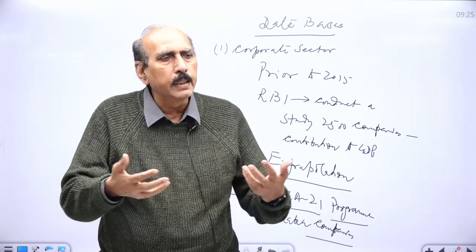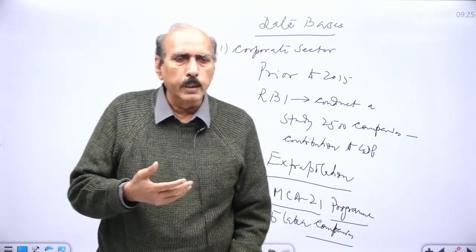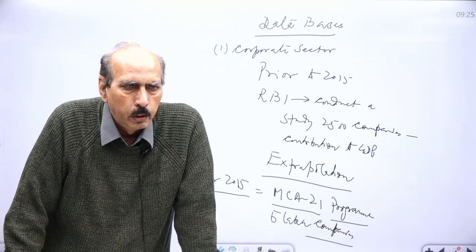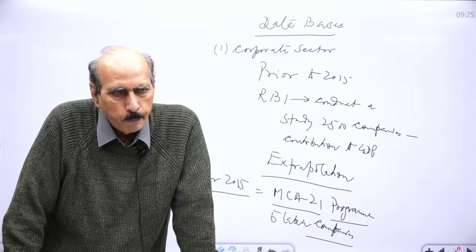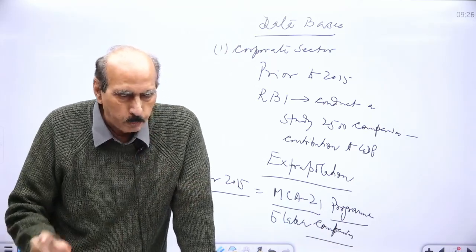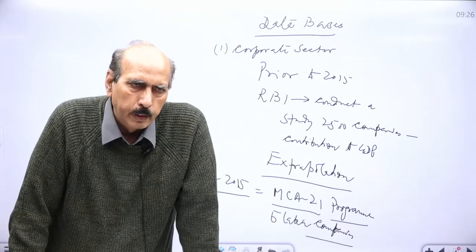When you are taking directly all the autonomous bodies, all the local bodies which are receiving at least 60% of the grants from the government, they are counted in the assessment of their contribution to GDP. ये सब लिखा हुआ है पीपीटी में, लेकिन आप समझ लो. वो तो पीपीटी में एक लाइन में लिखा है तो आपको समझ में आने में दिक्कत होगी.